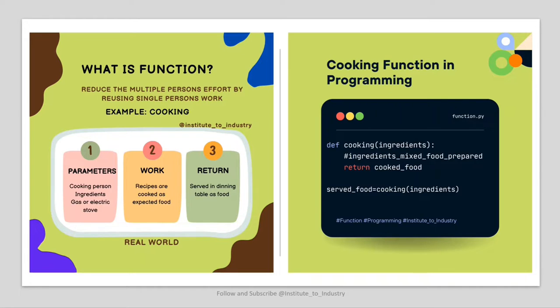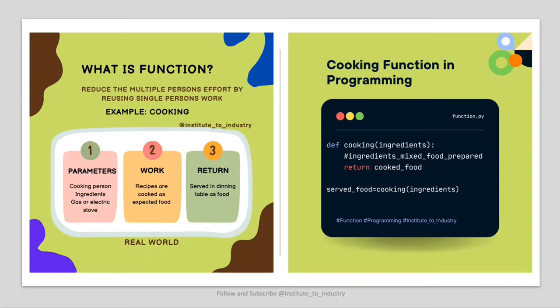For example, if we consider the cooking example here, we need to mention who is going to cook our food: the cooking person. Then ingredients, the food items we need to have. And whether we need to use a gas stove or electric stove, we need to mention.